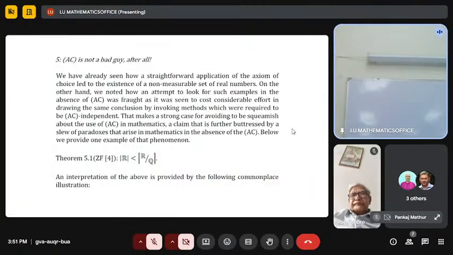You take the reals and quotient it out by rationals. Cardinality is strictly bigger than this. Have you ever heard of that? You have a tournament. There are, say, 10 teams participating, and every team has a captain. They are more numerous than the number of players taking part in the tournament. So that is a consequence of ZF without the axiom of choice. So what is the conclusion? The axiom of choice is there to stay and ought to stay.